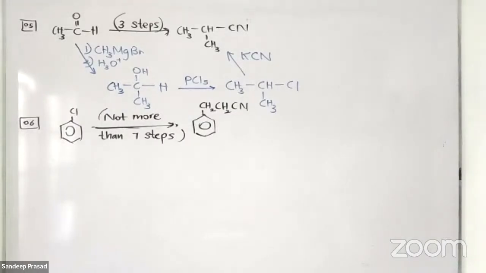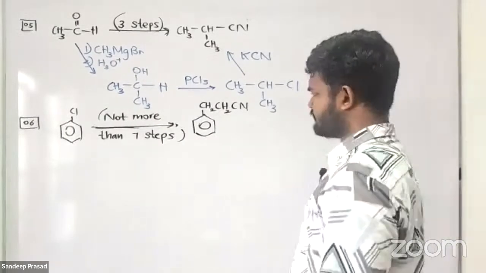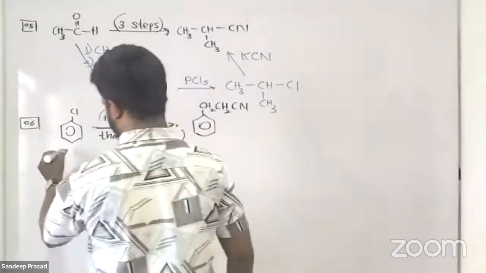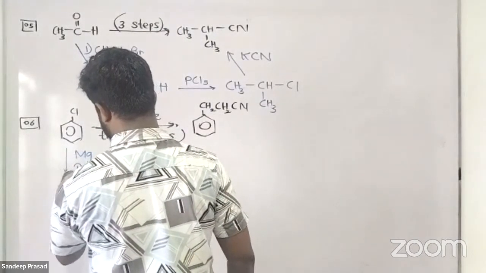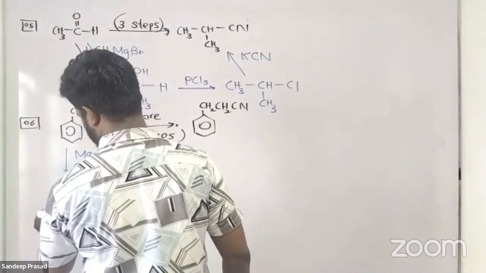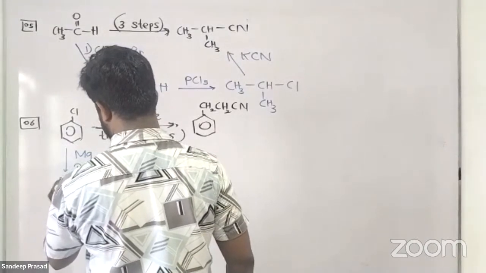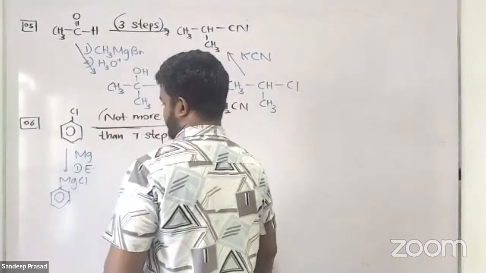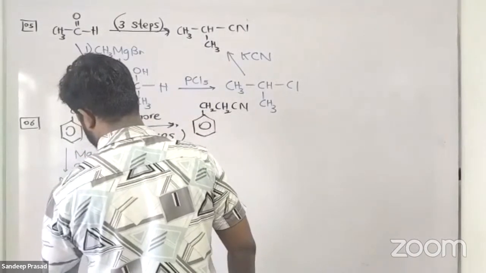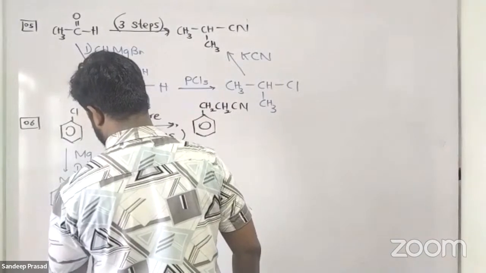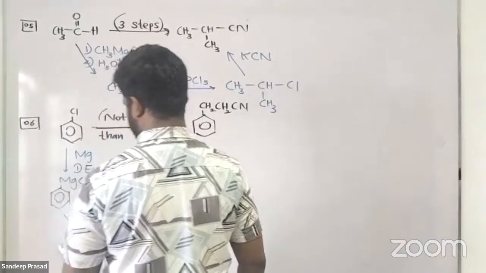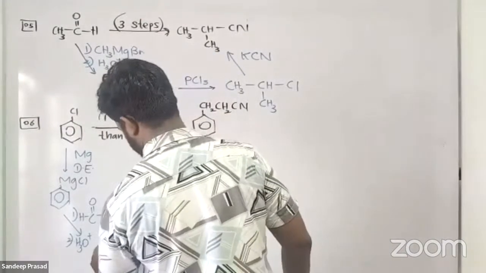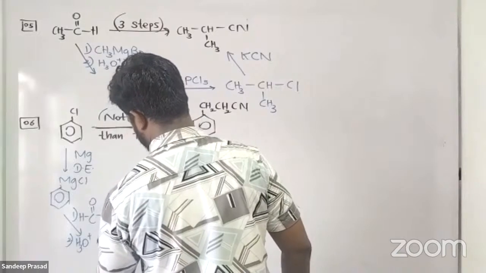What about the sixth one? The sixth one can be done in this way. Magnesium and dry ether is added, forming the Grignard reagent MgCl. After that, methanal is added, then H3O+, giving CH2OH.